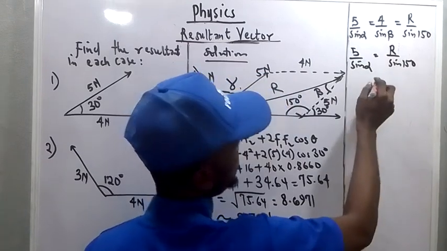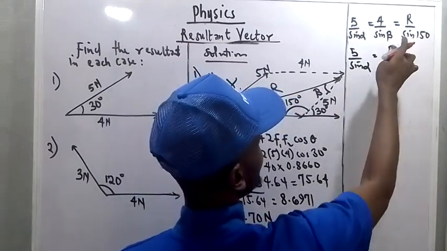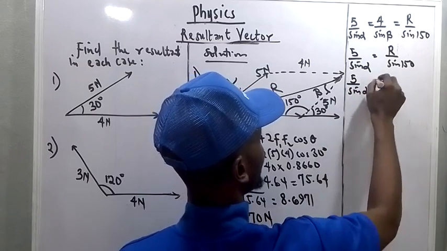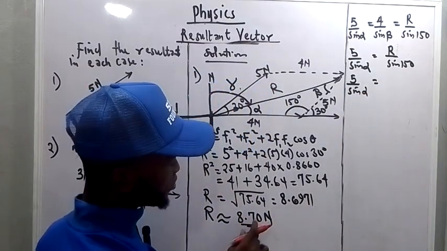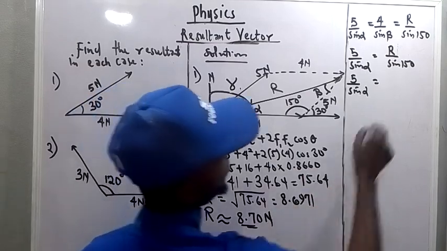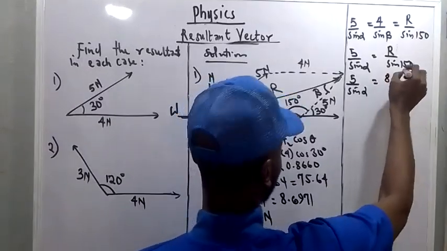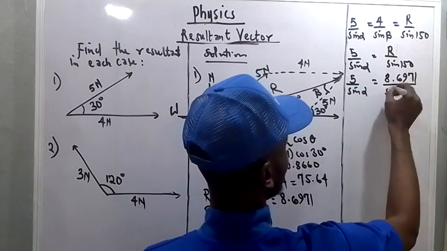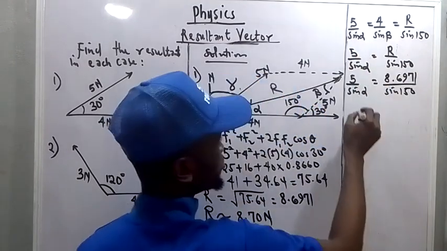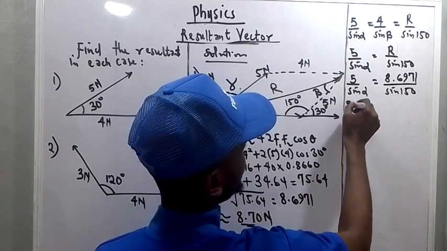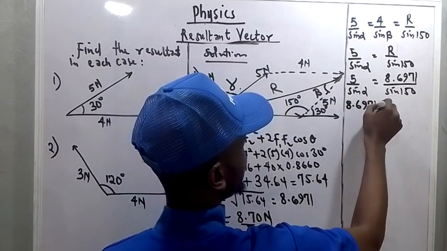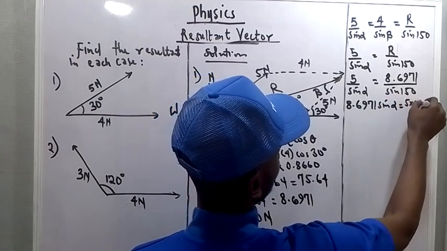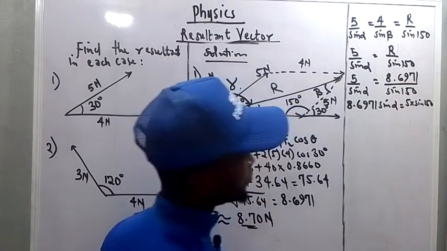When we cross multiply, okay, let me substitute for R first. 5 all over sine alpha equal to R, which is 8.70, but I like to use it up to 4 decimal places for more accuracy, 8.6971 all over sine 150. Cross multiply. So we have 8.6971 sine alpha equal to 5 times sine 150.